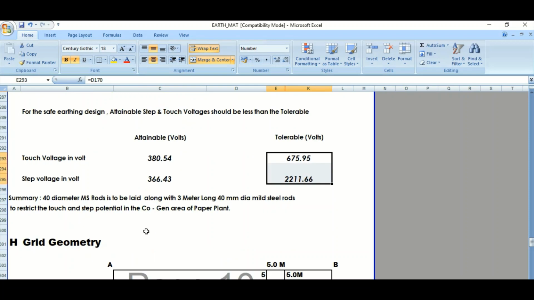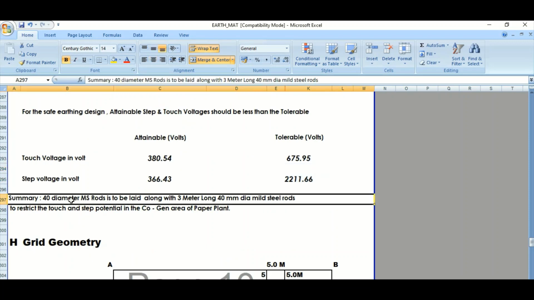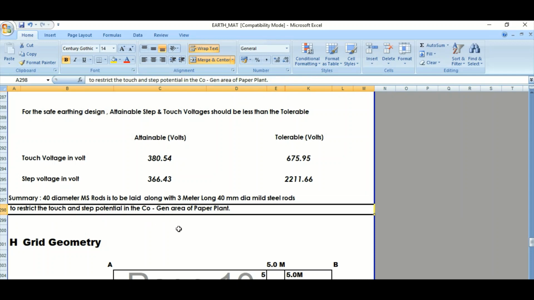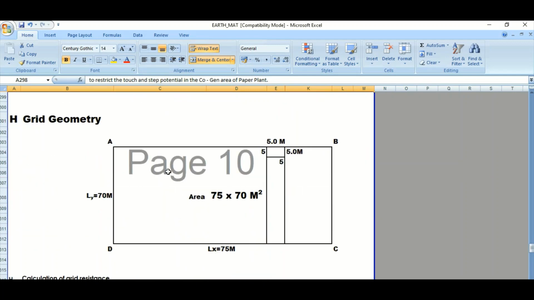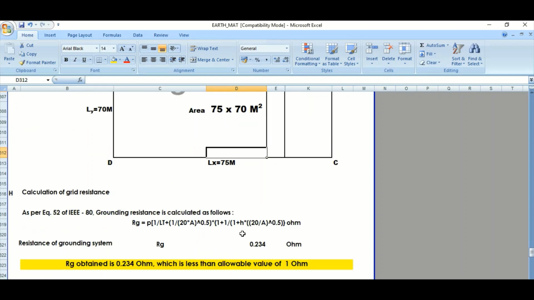So as a conclusion, we can say that this 40 mm dia MS rod, or mild steel rod, is to be laid along with the 3-meter long 40 mm dia MS rod, with the numbers specified above, to restrict the touch and step potential. And this is the area I already explained.